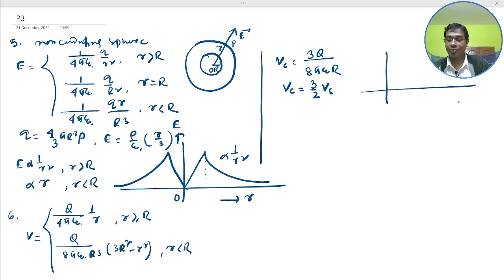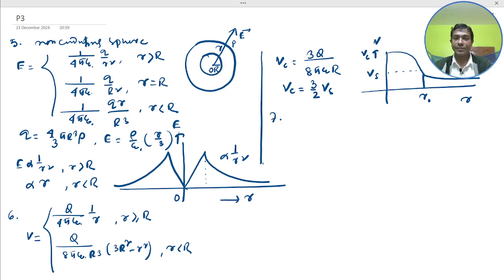So the graph would become: this is r and the potential V. The graph is this one, and this is the bending point here, this is the R point, and this first one is V center and this is the V surface.